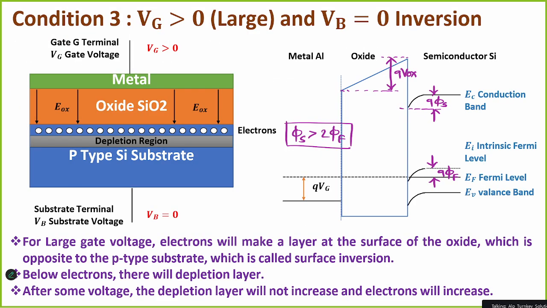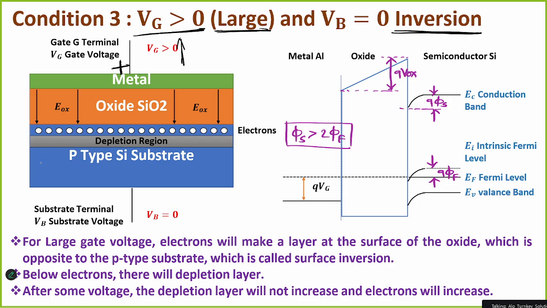Next, if you see the inversion layer. Inversion layer means what? We are increasing more and more VGS, that means VG, a larger positive value. So what happens here?